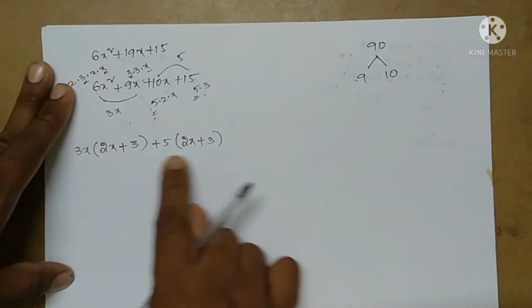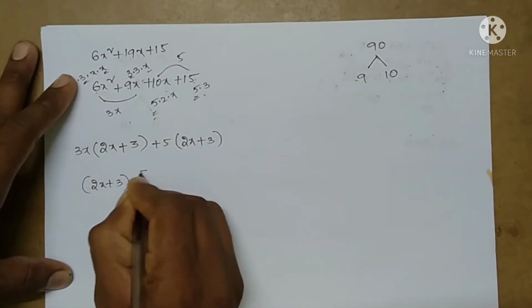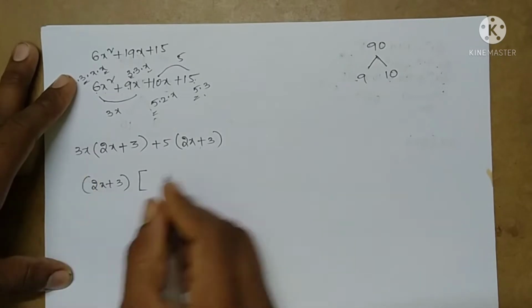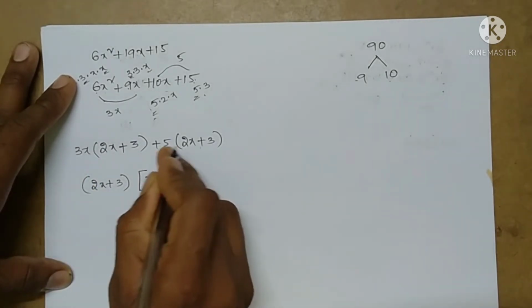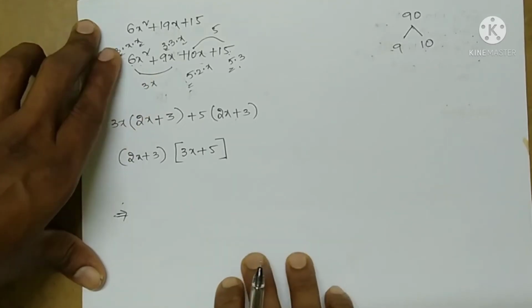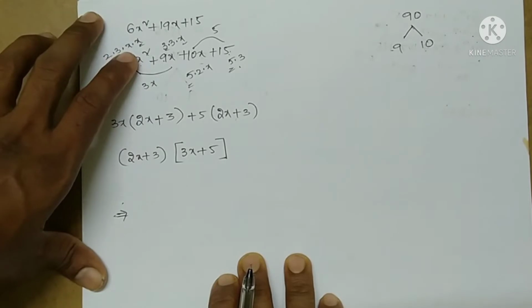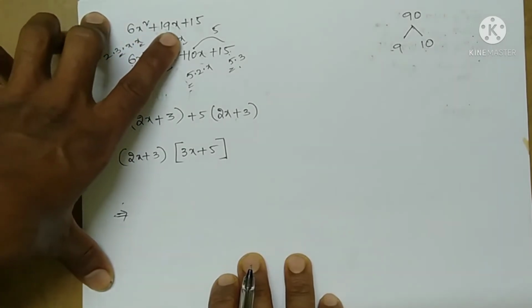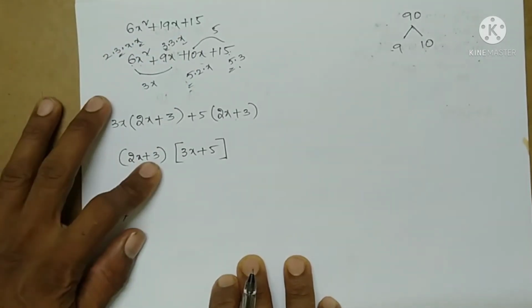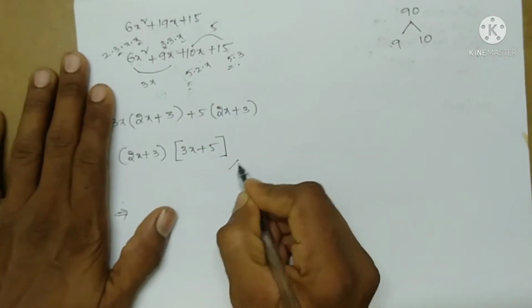So the entire 2x plus 3 is common, and the remaining is 3x plus 5. So finally the factors of our quadratic polynomial 6x square plus 19x plus 15 are 2x plus 3 and 3x plus 5. This is the final result.